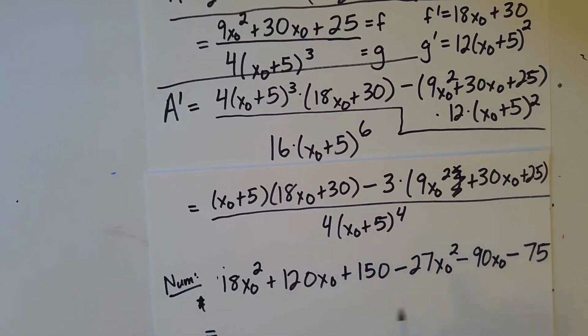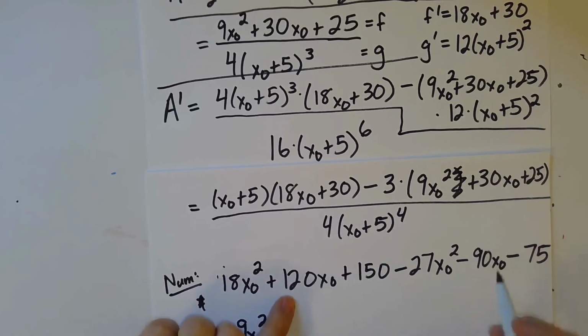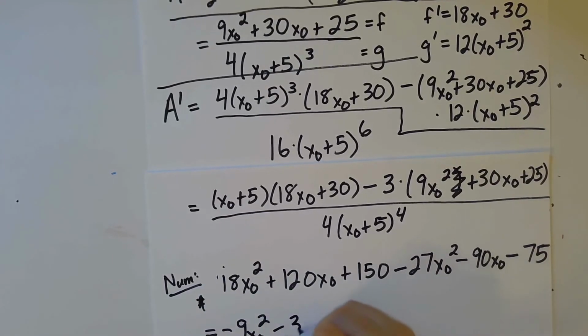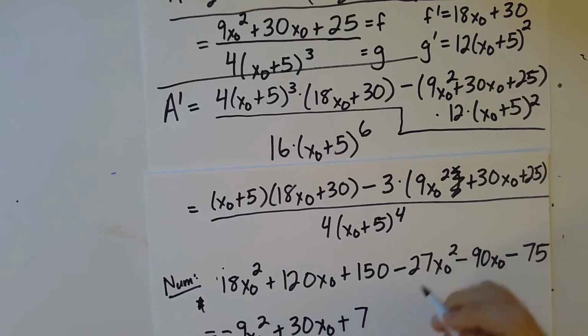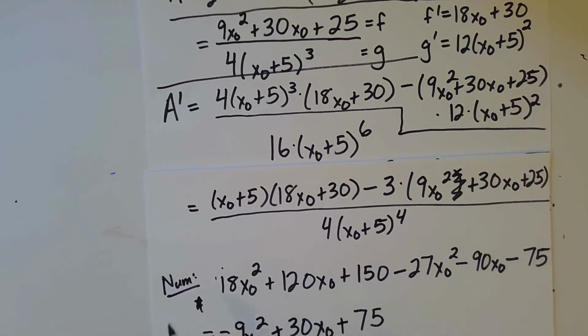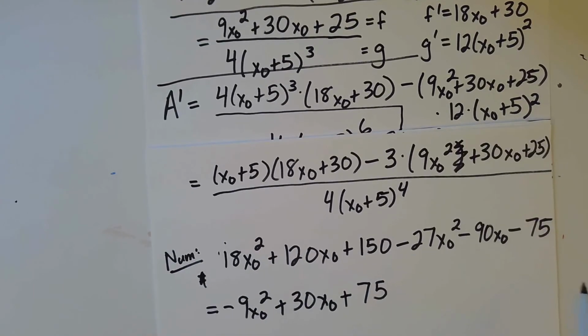Okay, and so this is a minus 9x naught squared plus 30x naught plus 75. So once I combine all of these terms, I get minus 9x naught squared plus 30x naught plus 75. Okay, and I want to know when this is 0.